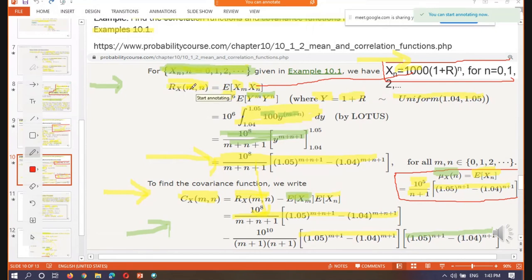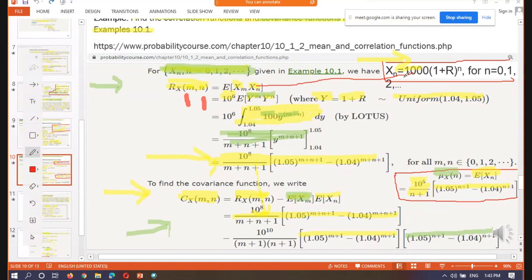Like before, for the discrete case, you can see that here we are having m and n. So instead of t1, t2, if you are having a discrete kind of random variable, we will write R_X(m, n). And it is like earlier, expectation of X_m X_n. What is X_m? X_m is 1000 times (1 plus r) raised to power m. And X_n is 1000 times (1 plus r) raised to power n.